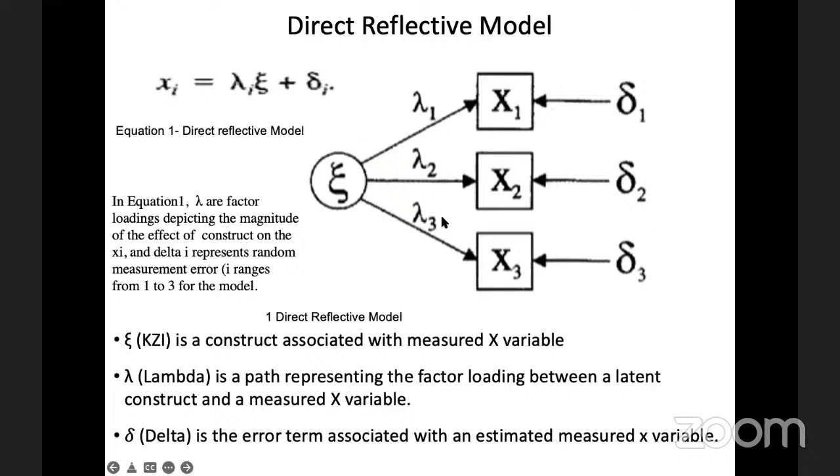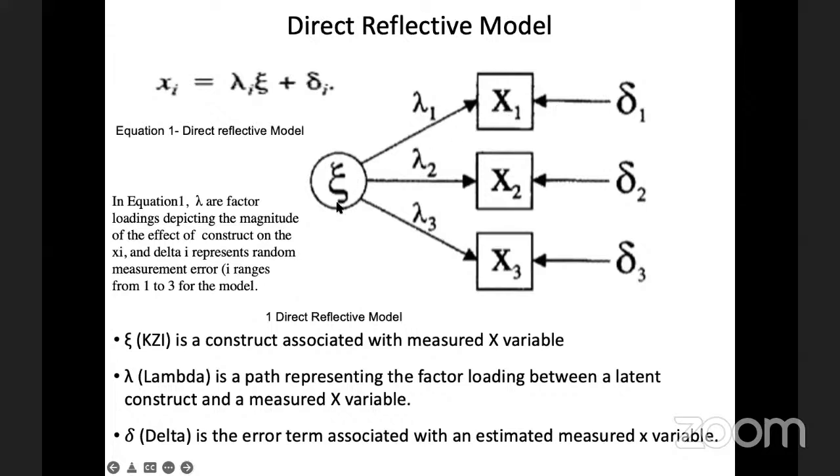When we talk about factor analysis, we do this with the help of the reflective model and the formative model. Briefly, I'll explain, because otherwise time will not permit me to explain it in detail. You can see that xi has an arrow towards x1, and delta 1 also has an arrow towards x1.